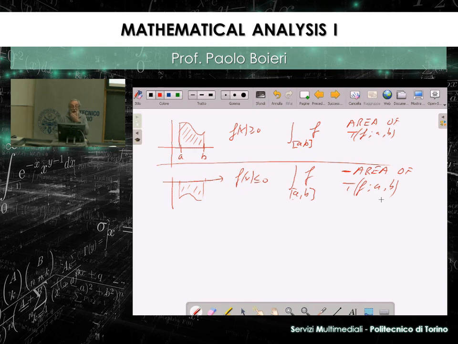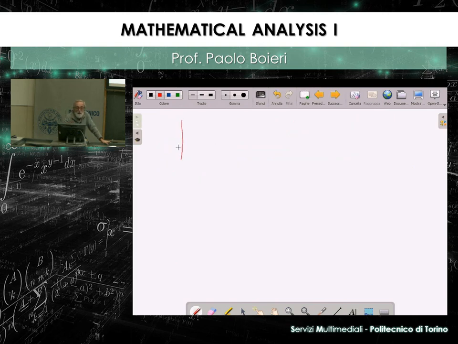Is that clear? If my function changes the sign, what is the geometrical meaning of the Riemann integral? It is the area of this part, taken with a positive sign, and the Riemann integral is minus the area of this.